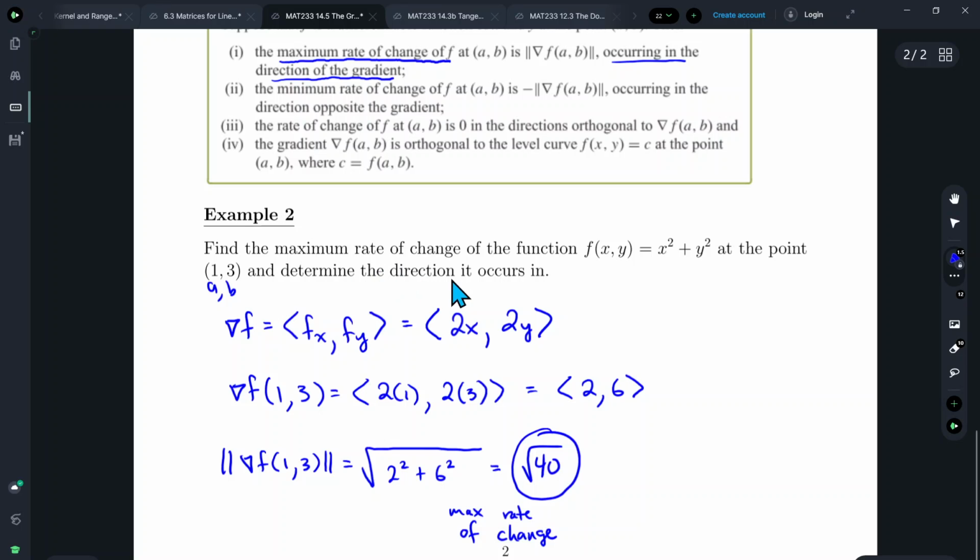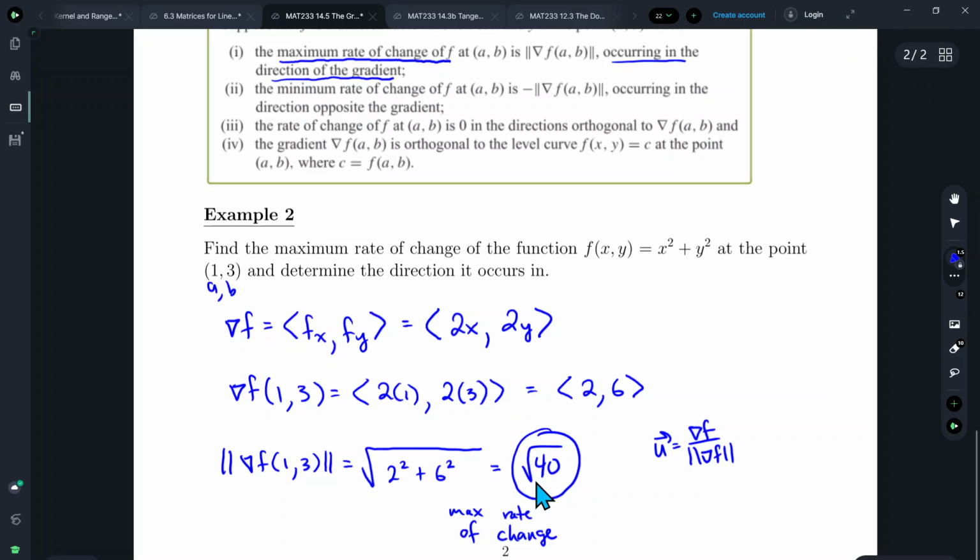Okay, and now what is the direction? The direction is the direction of the gradient. But let's write it as a unit vector, so u is going to be the gradient divided by the magnitude of the gradient.